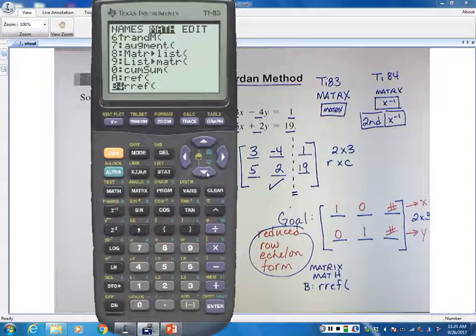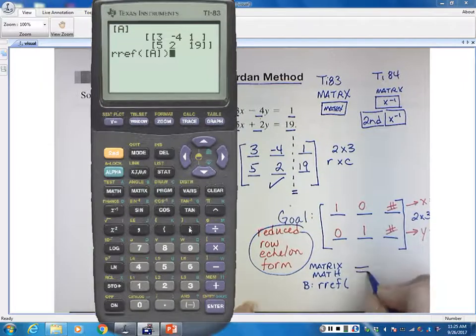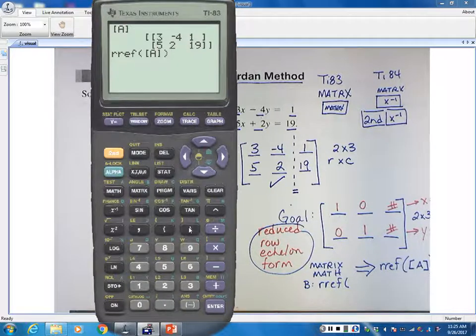So you hit matrix, go over to math, and go down to option B, reduced row echelon form, and hit enter. Then you need to tell it which matrix you want it to work on. So then you have to go back to your matrix menu again and choose matrix A, because that's the one that we used. And then all you do is hit enter.